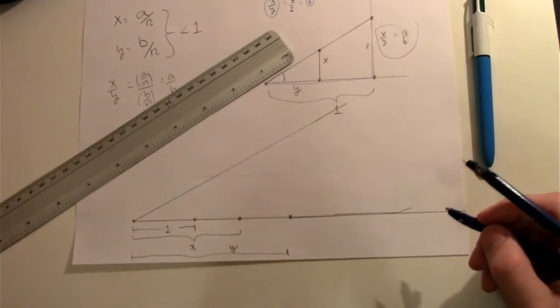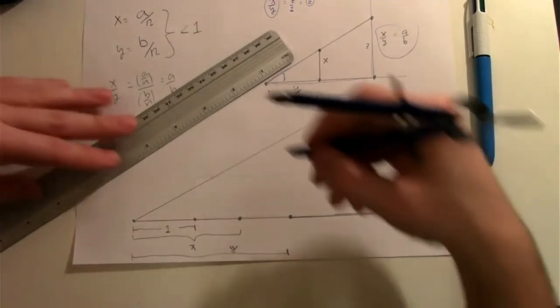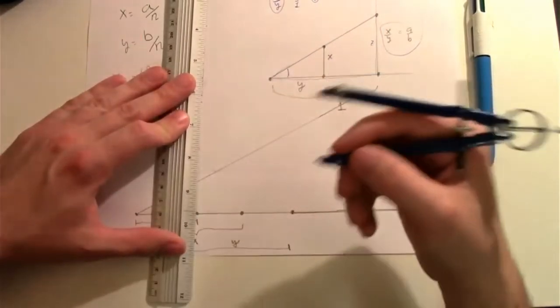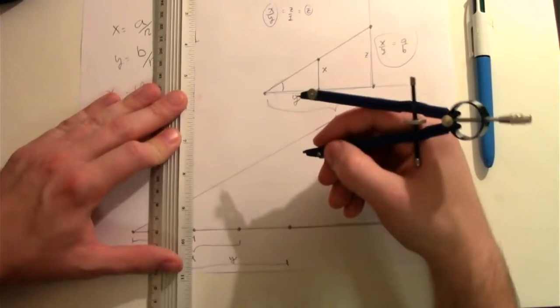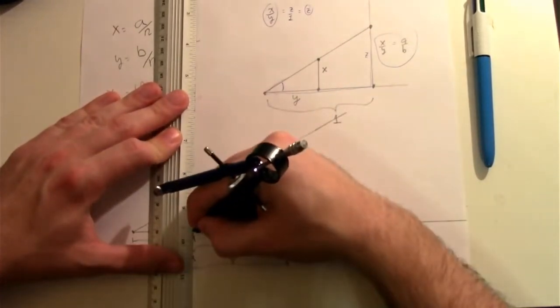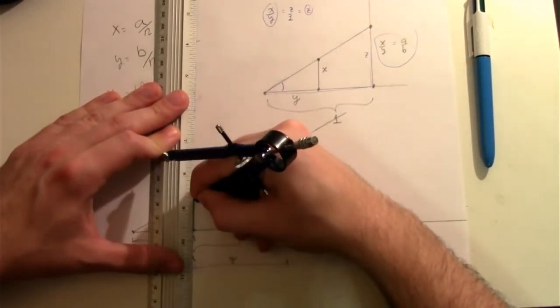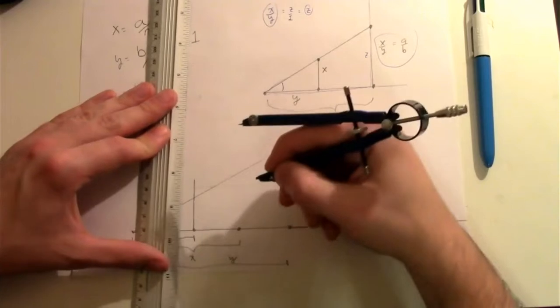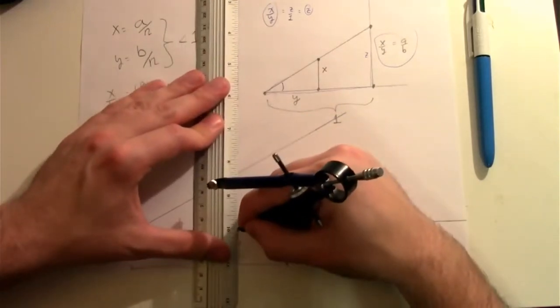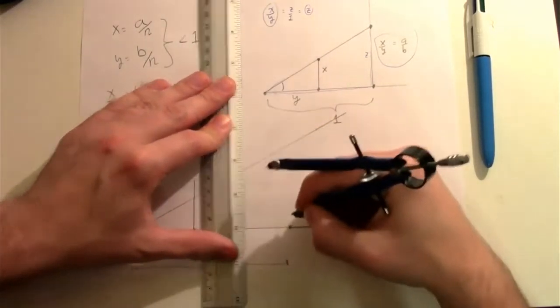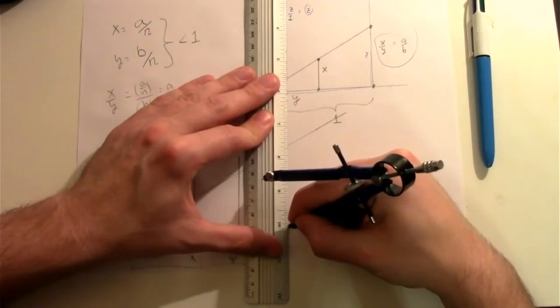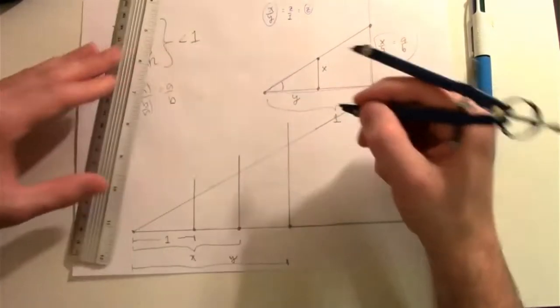Okay, in order to go through this process, again, I'll be skipping over all the perpendicular bisectors. Please just see the first video. We construct the bisector passing through the point at distance 1, the point at distance x, and the point at distance y.